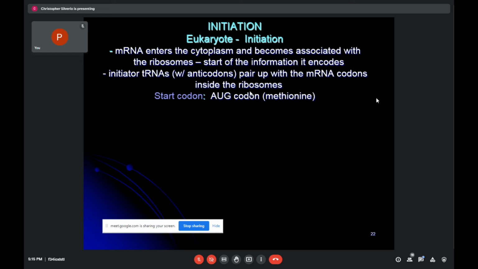That is the start of the information it encodes. The initiator tRNA contains the anticodons, which are the opposite of the codons, and these pair up with the mRNA codons inside the ribosome.